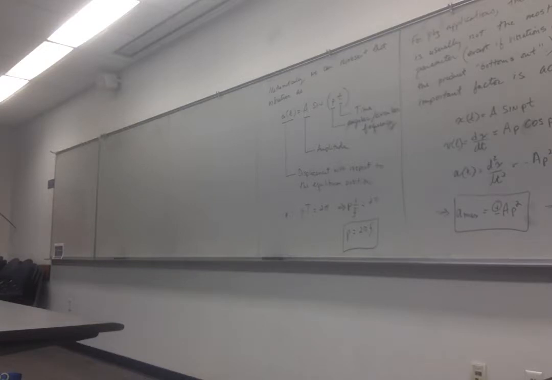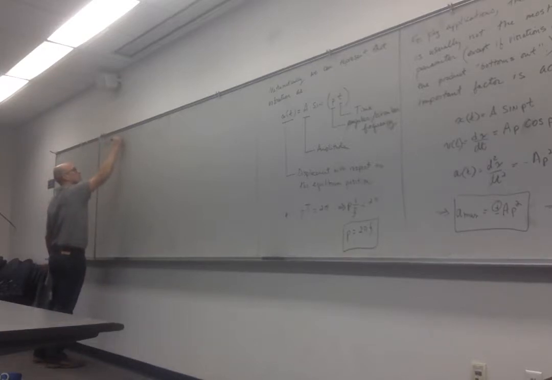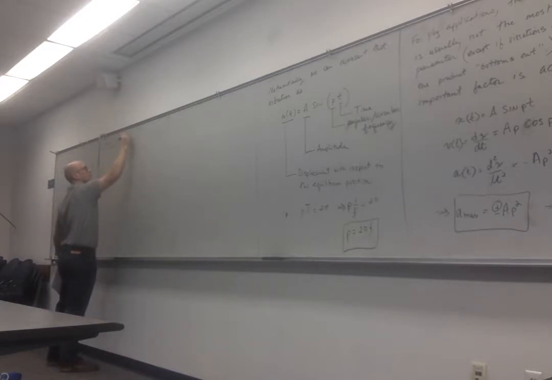Good. So the next concept that we're going to introduce here is the concept of static deflection. This we're going to represent by delta st, and it has units of meters.